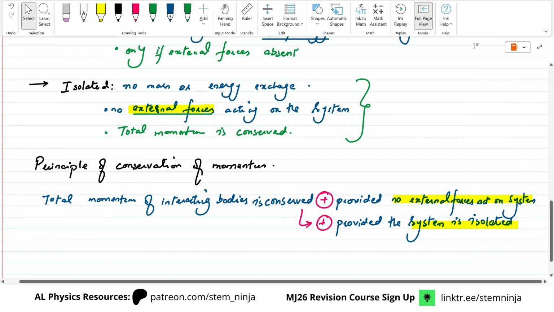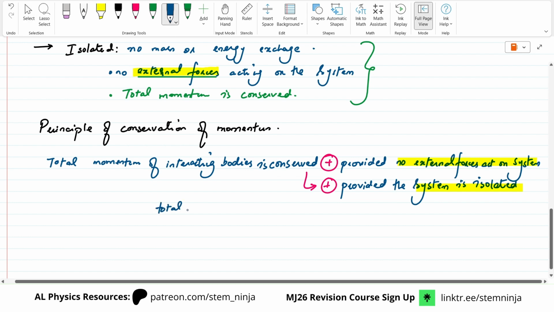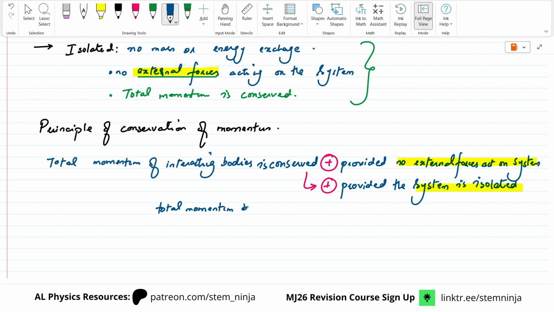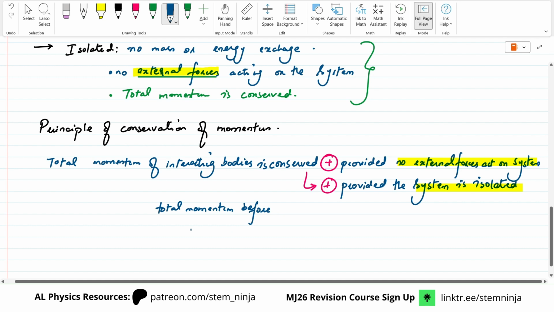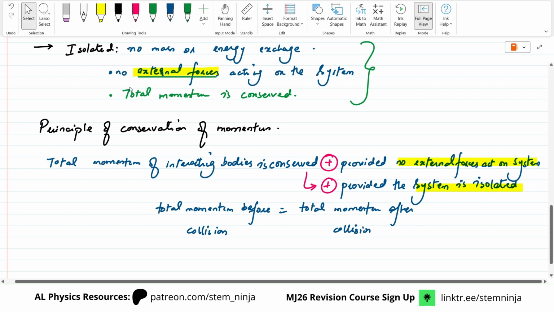So what that means is, before and after a certain event, total momentum before, we are mostly going to be working with collisions, and total momentum after collisions, or after the interaction, however you want to play it.